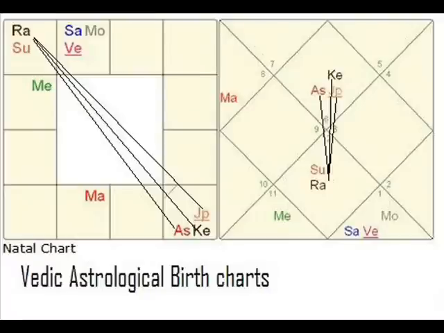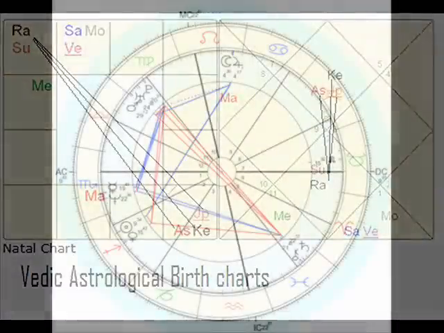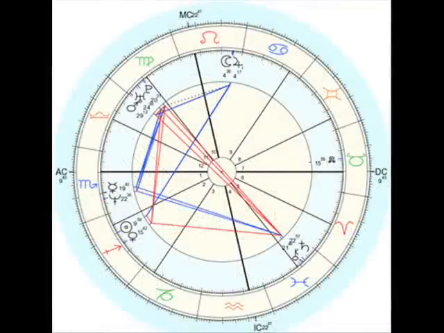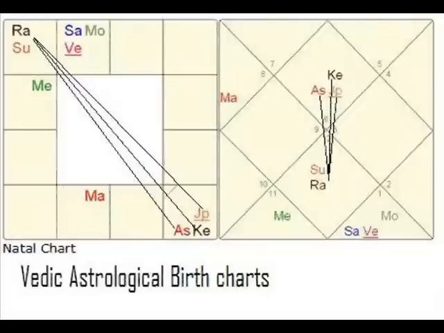Rahu is aspecting the Ascendant, Ketu as well as Jupiter. However, you can't know what's going on in circle 3 of the Western astrological birth chart, as there are too many colorings and too many lines. It makes it a bit difficult for the native to understand. So you can see how the aspects are made easy in this Vedic astrological chart.